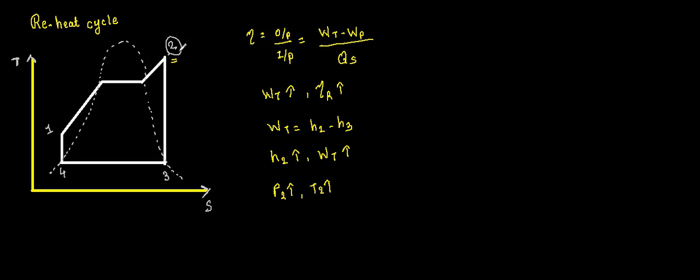As the initial pressure of the steam increases, the expansion ratio in the turbine also increases, and the steam becomes quite wet at the end of the expansion. This wet steam passing over the turbine blades for a prolonged period will corrode and erode the turbine blades and increase the losses.